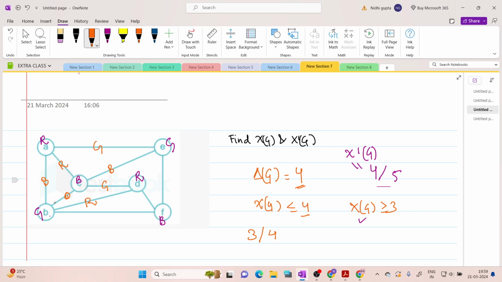G to B, we have to give green because we have used all three colors. And for this one, green, red, so let's give it blue. And if we give this one orange, we see that we are able to color it with 4 colors. So chromatic index is 4, and chromatic number was 3.